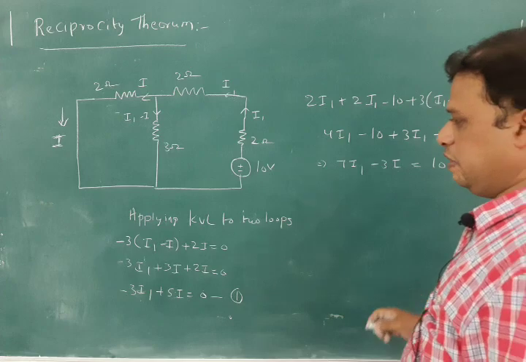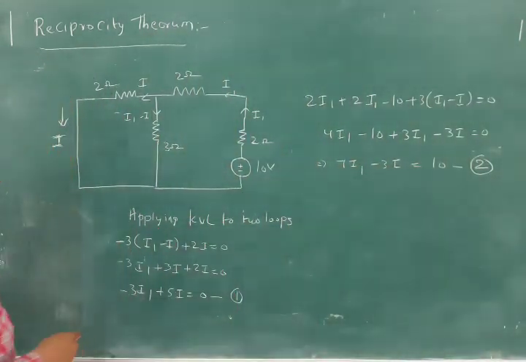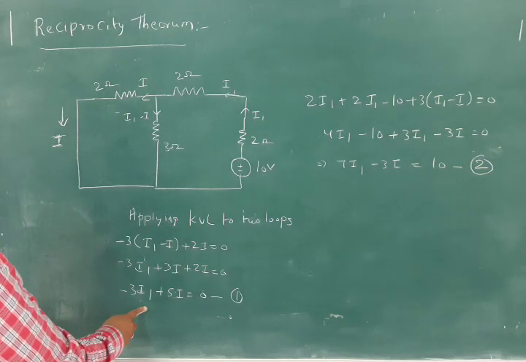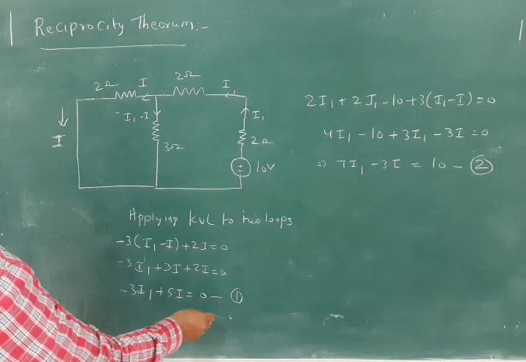You got both the equations. You can see here, 7I1 minus 3I is equal to 10 is the second equation, and minus 3I1 plus 5I is equal to 0 is the first equation.